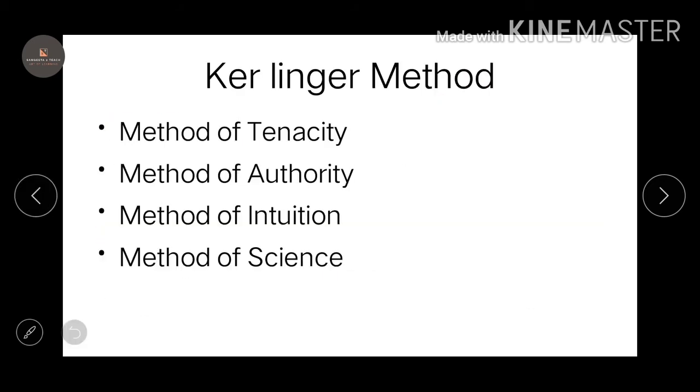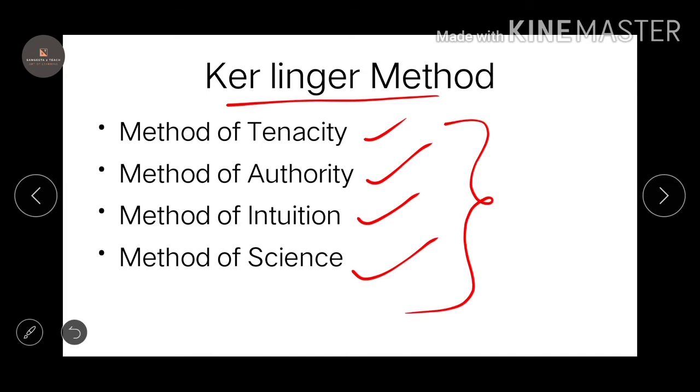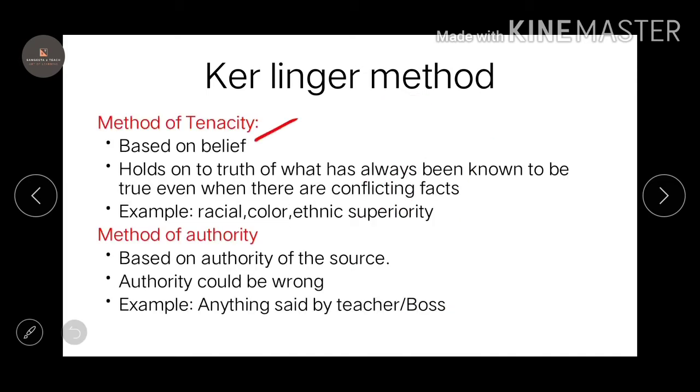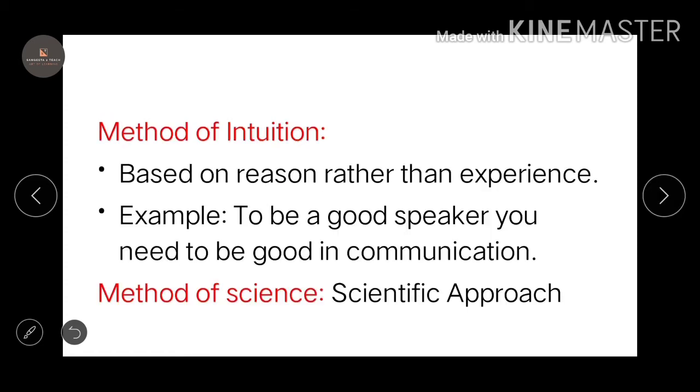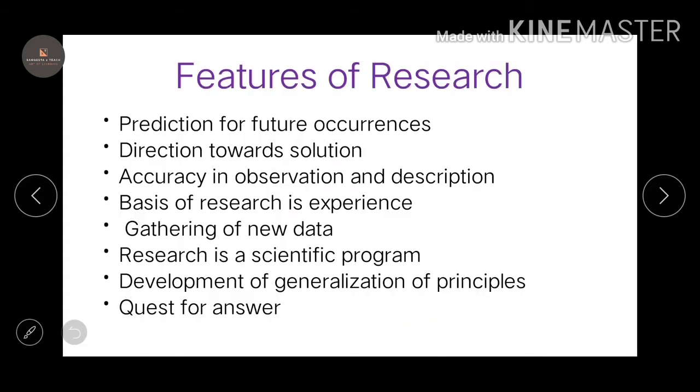So these are the four methods given by Kerlinger: tenacity, authority, intuition, and science. I hope you are clear about these methods of Kerlinger. Tenacity is belief, authority is the commanding demand, intuition is logic or reason rather than experience, and science is the scientific approach.